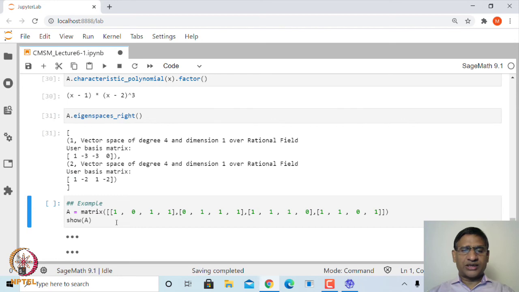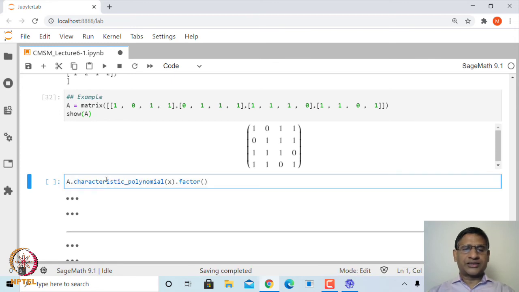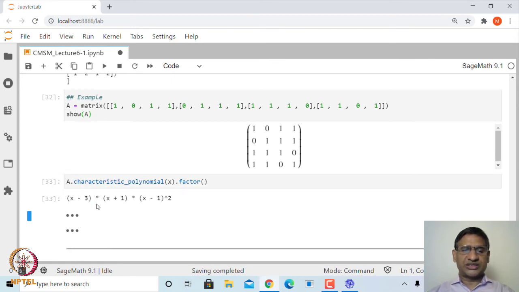For example, if I look at this matrix, 1 0 1 1, 0 1 1 1, 0 0 1 0, 1 1 0 1, and find its characteristic polynomial, it splits as x minus 3, x plus 1, x minus 1 whole square. Here we need to find the geometric multiplicities. The algebraic multiplicity of 3 is 1, of minus 1 is 1, and of 1 is 2.